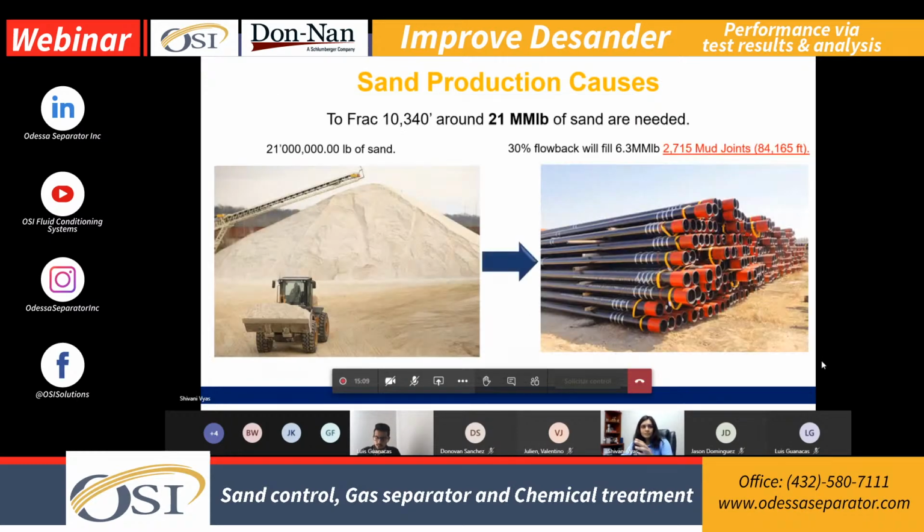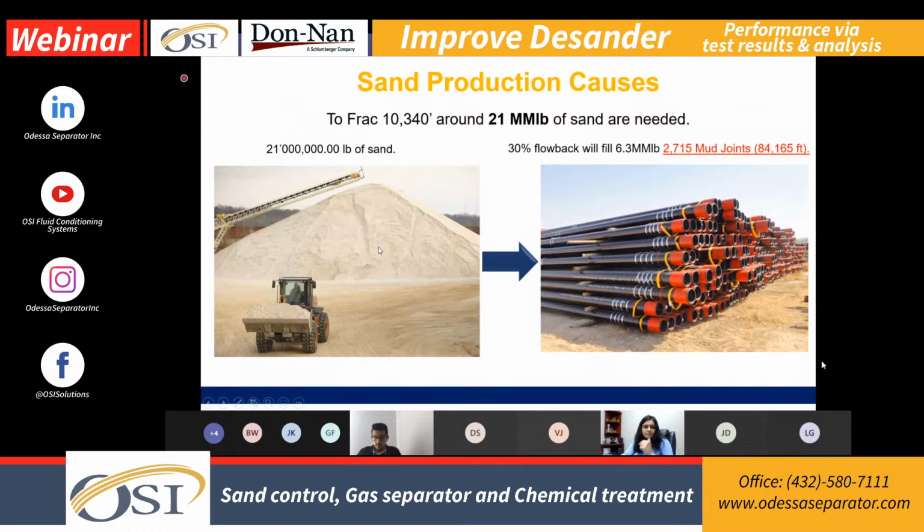That's what this picture is showing: we're using 21 million pounds of sand to frac this well. Every operator has a different percentage of flowback, but let's say 30% is the flowback. If we calculate, we're filling up about 2,715 mud joints. So we can imagine how severe the wells are that we're talking about these days in the Permian Basin, and how severe this well production is.